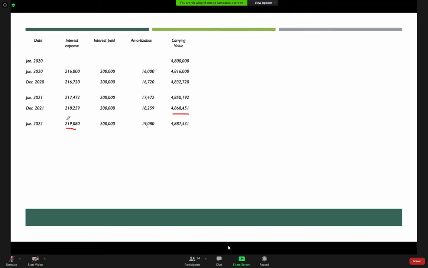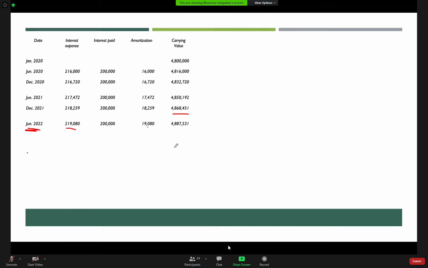Pero kasi kapag meron kang amortization table, nakikita mo ng maayos yung balances. And ma-identify mo na tama yung amortization mo kasi at the end of the period, for example, ito na yung maturity date. This is not the maturity date, up to the time ng retirement lang kasi yung nilagay ko dito. So, ni-retire yung kalahati on July 1. So, ang amortization natin up to end of June 2020 lang. So, you will know na tama yung pag-amortize mo kapag yung maturity date, dapat yung carrying value should equal to the face value.